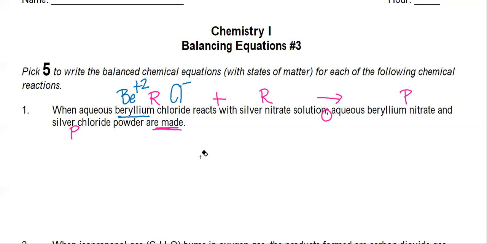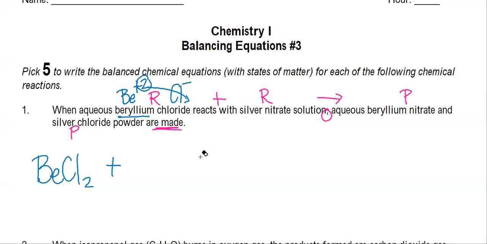So remember, if the charges don't match, the 2 is going to go down by the chlorine's subscript. So beryllium chloride is going to be BeCl2.